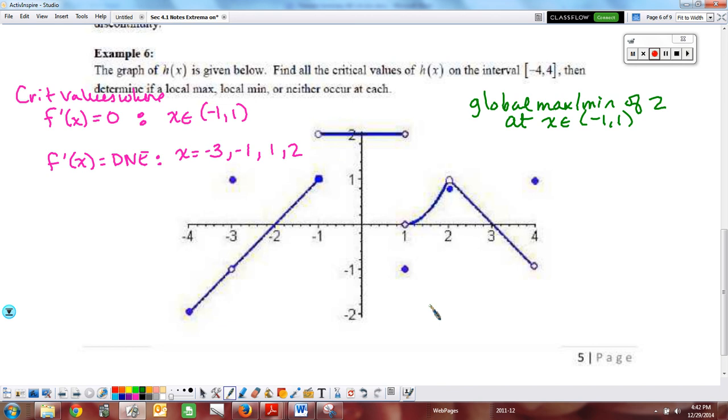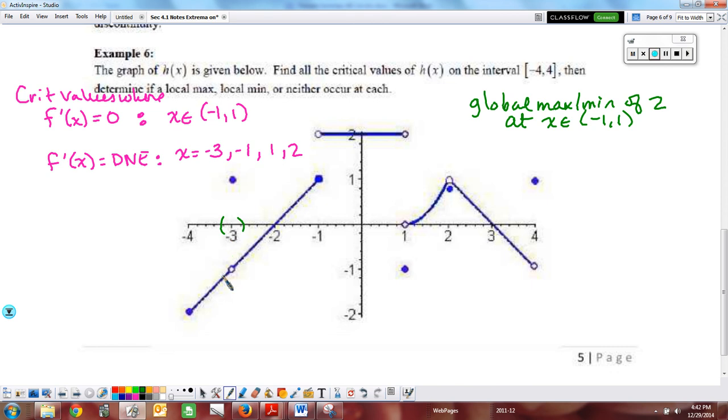And then we would look at each of these, and we would look at, say, here at -3. And now it's a critical value. Now we're going to pick an open interval kind of close to -3, and then I'm going to look at the y values at -3, and I'm going to look at the y value to the left and to the right of that. Okay? And if I look to the y value to the left and the right of that, they're always lower than the y value at -3.